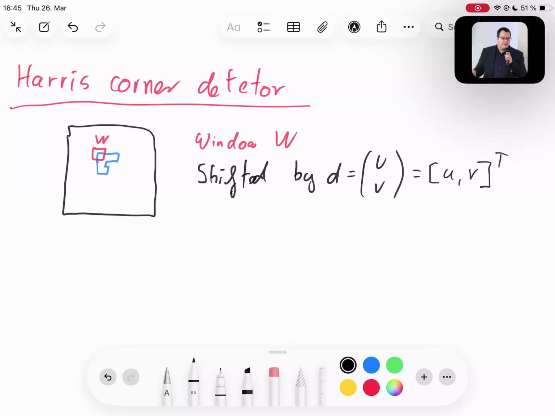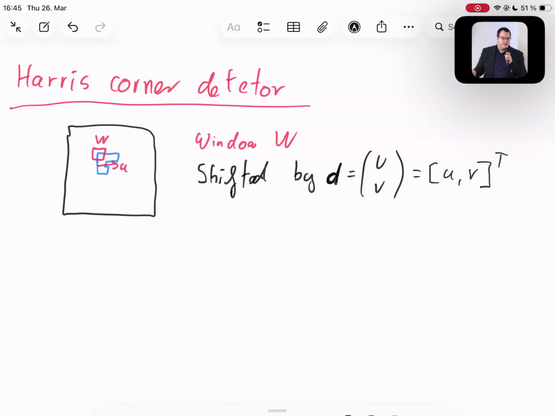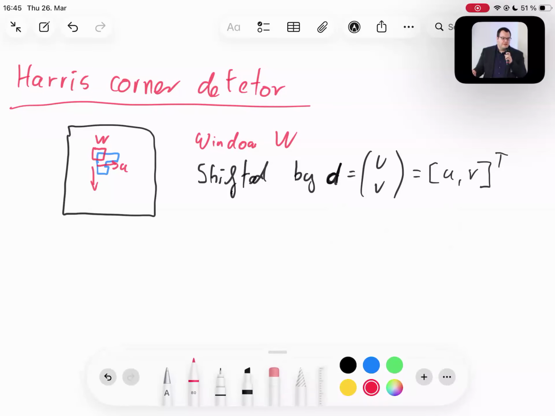And it's in the slides, D is sort of bold because it's a vector. And we can move our window a little bit. So if we move it, we move this by U pixels along X and along the y-axis with V. So I put this here, X and Y, something like this.